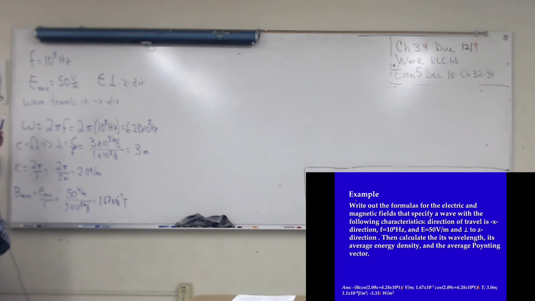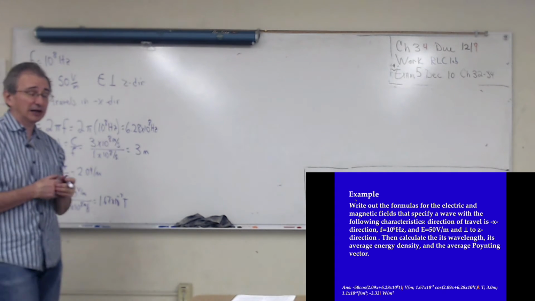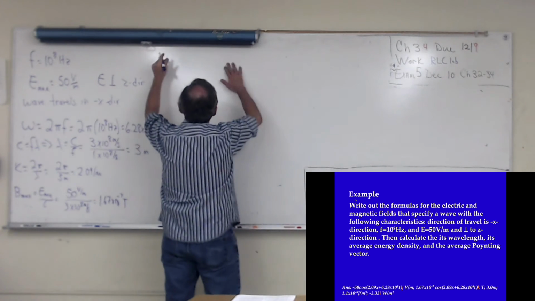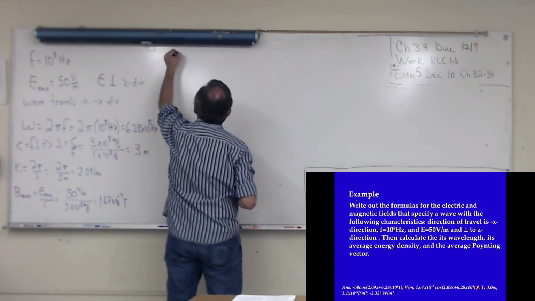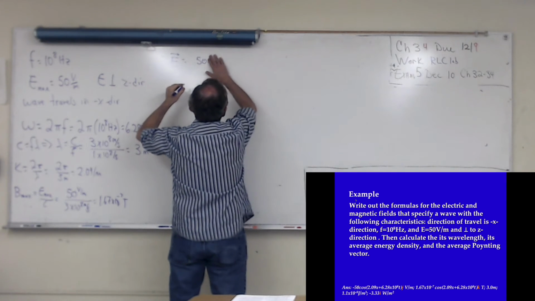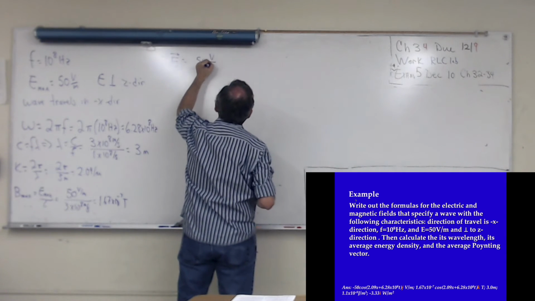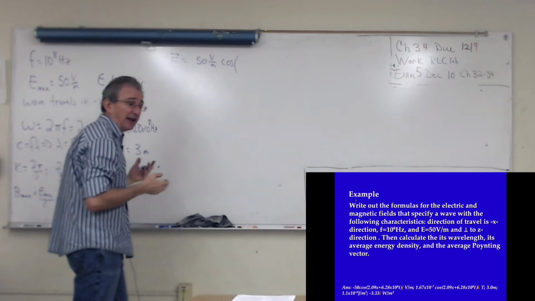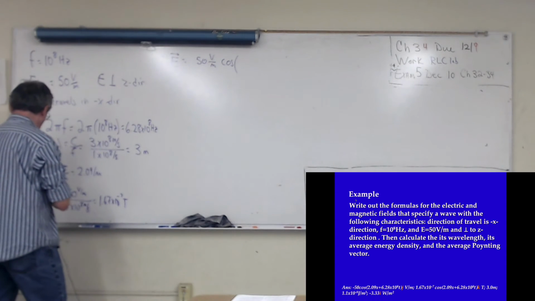So I know omega, I know lambda, I know k. I can write the equation for E. And I'm going to put the explicit value of k and x. So k is this guy.